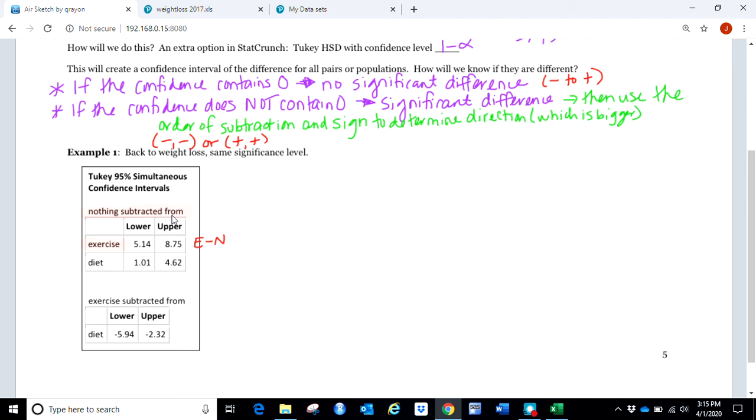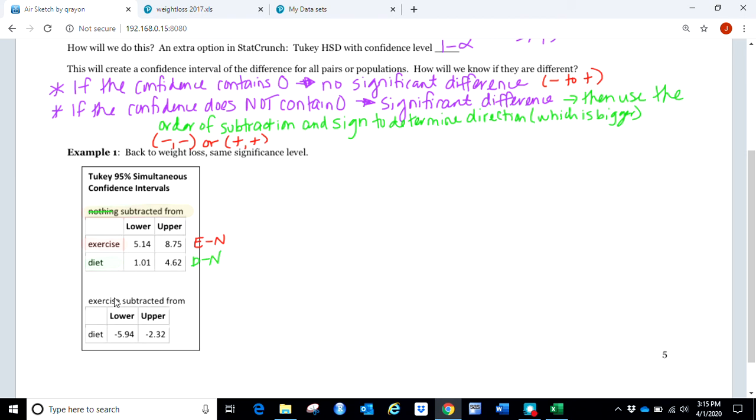Now when I see nothing subtracted from diet, that one is telling me that my order of subtraction is going to be diet minus nothing.